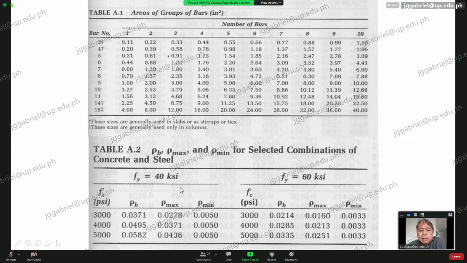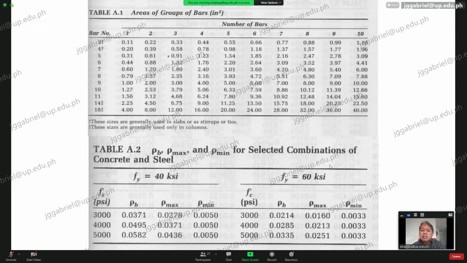So that will depend on the strength of your concrete and your yield strength. Because that will influence the number of rebars that you will use, and if you are considering the strength, that then influences the workability of concrete.